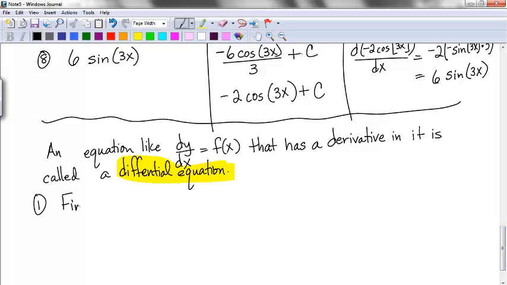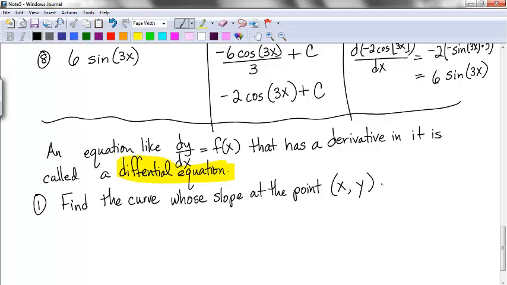Now, let's look at an example. Say they ask you to find the curve. At the beginning of the year, I gave you the curve and said find the derivative. Now they're going backwards. Find the curve whose slope at the point (x, y) is 3x squared. When they're giving you the slope, they're giving you the first derivative.